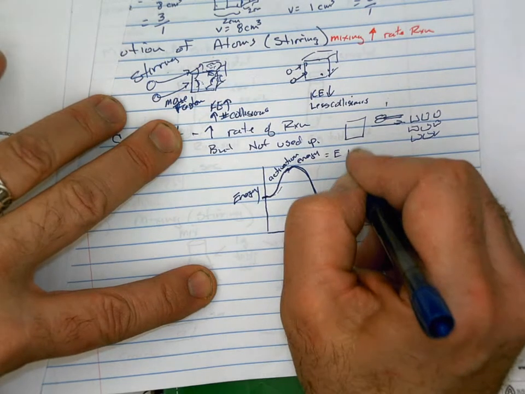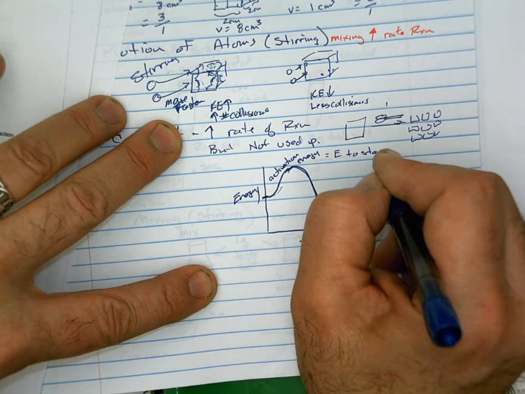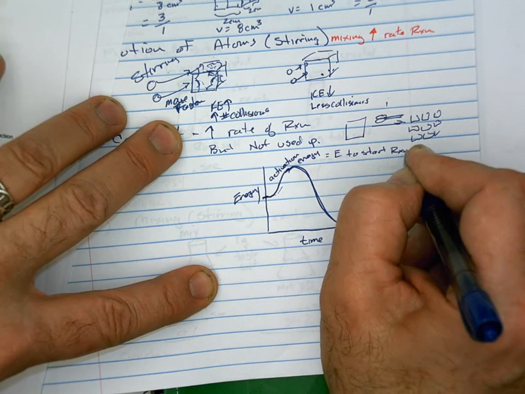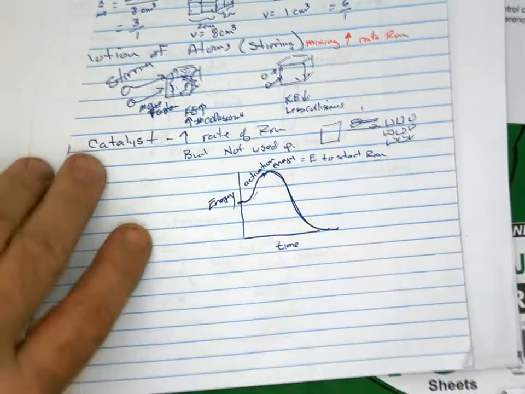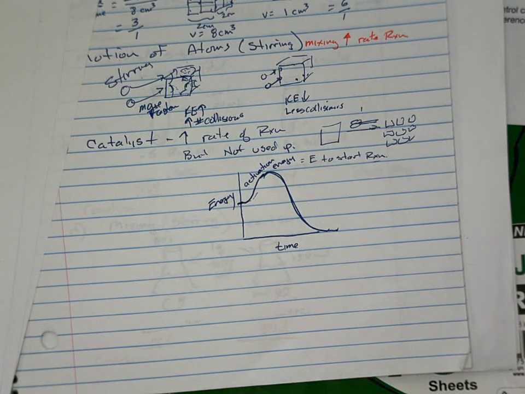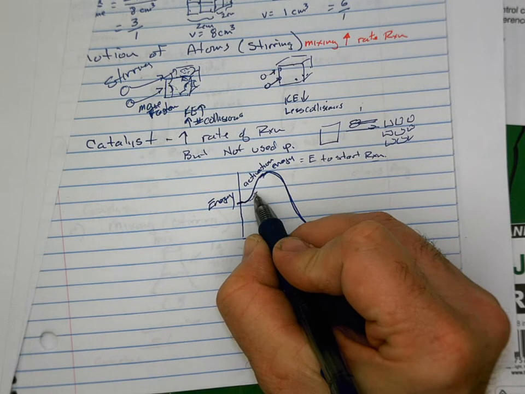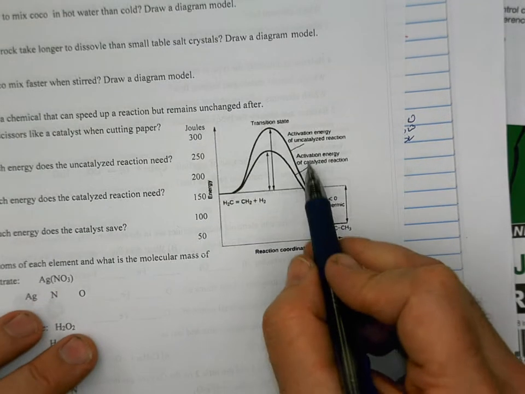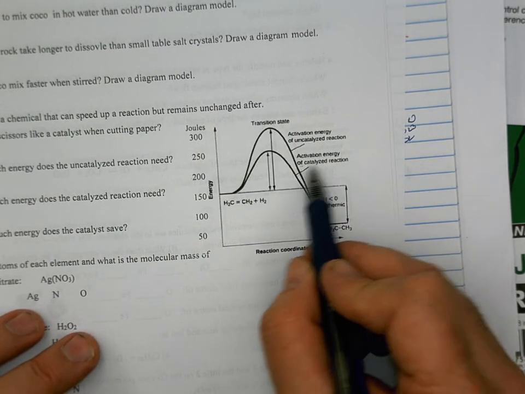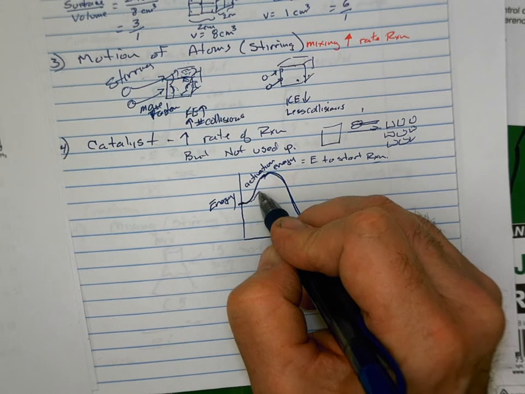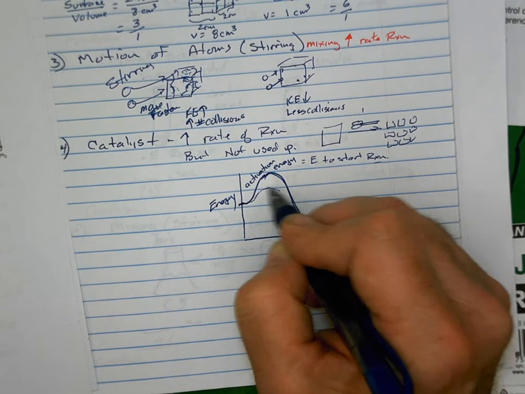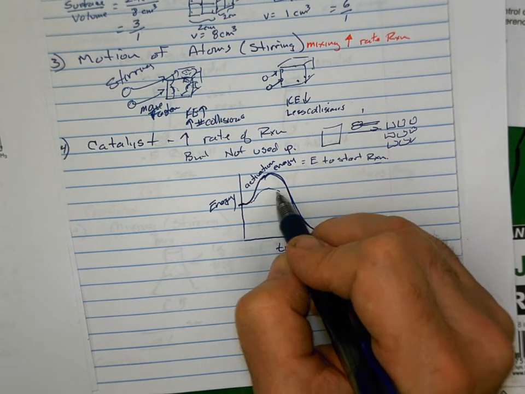So if you can get a catalyst involved, like those scissors, now I'm going to draw this one. I think on your graph they showed activation energy of a catalyzed reaction. The catalyst says, hey, you don't need as much energy. So what happens is the reaction starts going really quick.